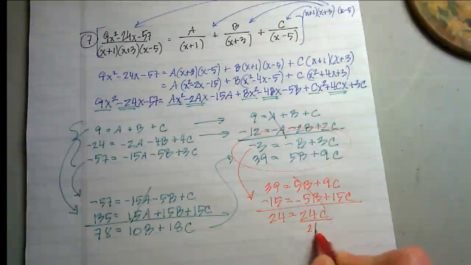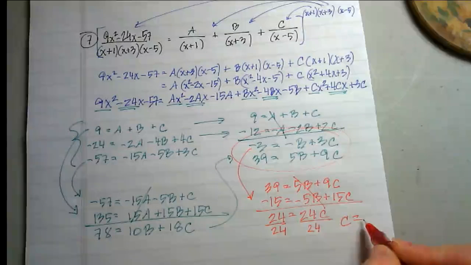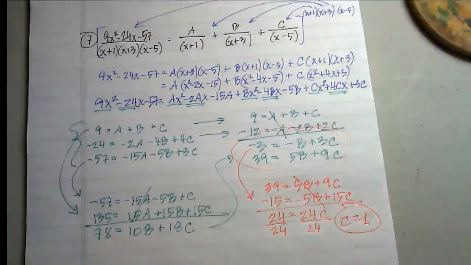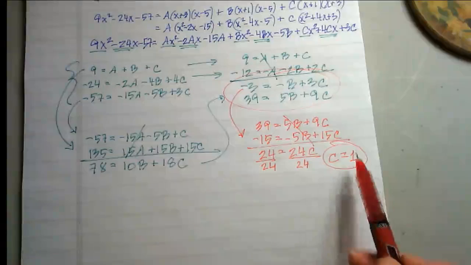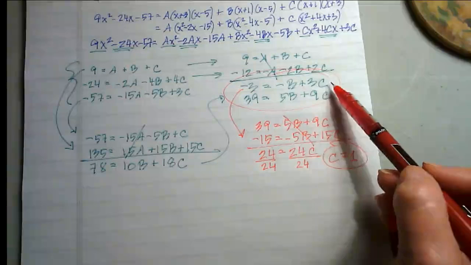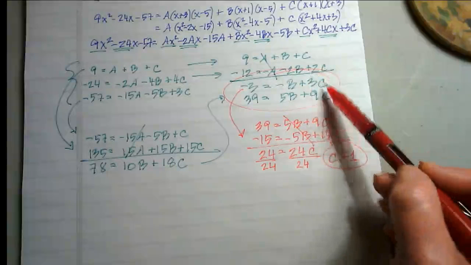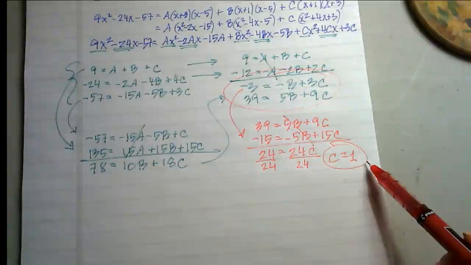And when I divide by 24, I know that c is equal to 1. Okay. Go back to an equation that just has b and c. So either of these equations, and we will plug in c equals 1.